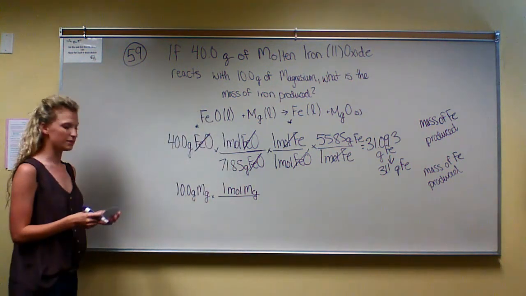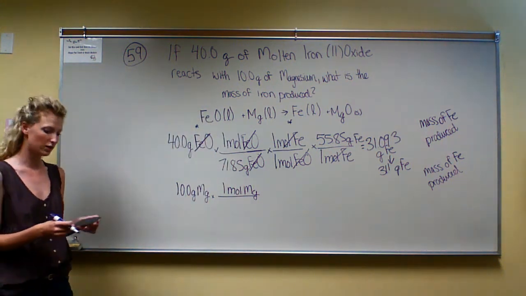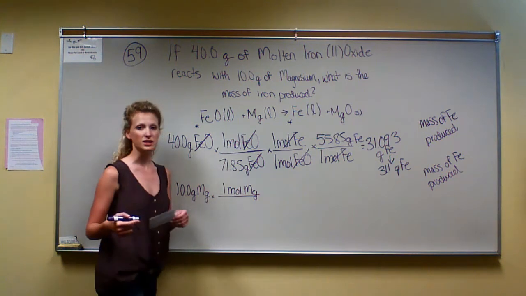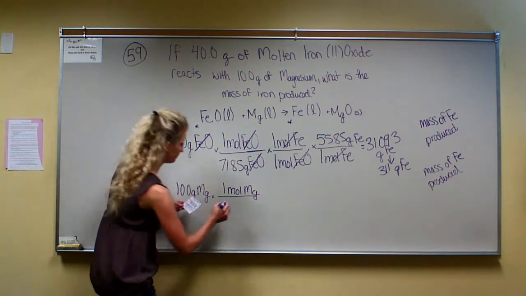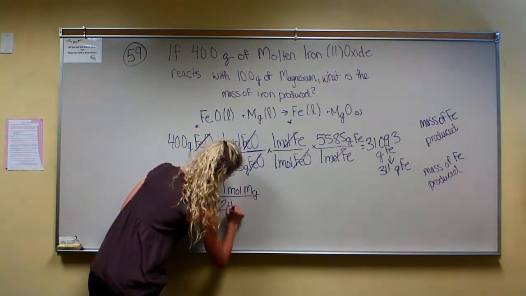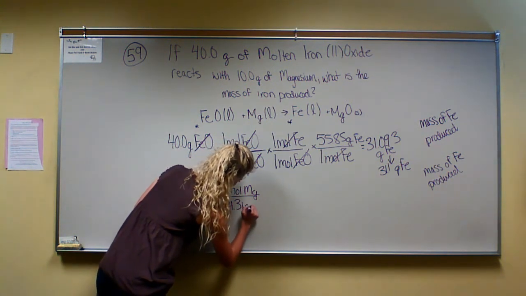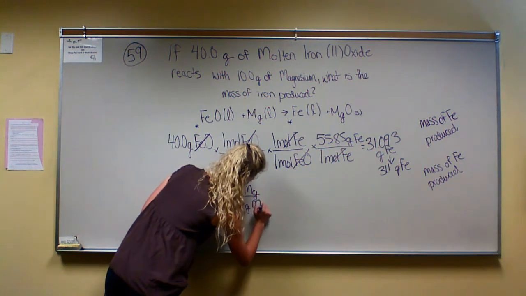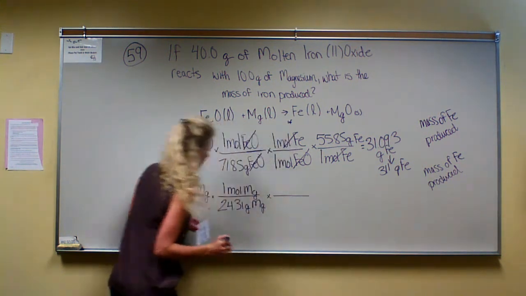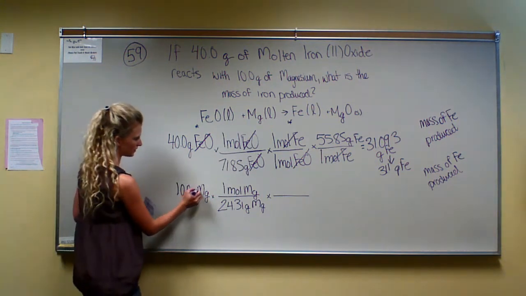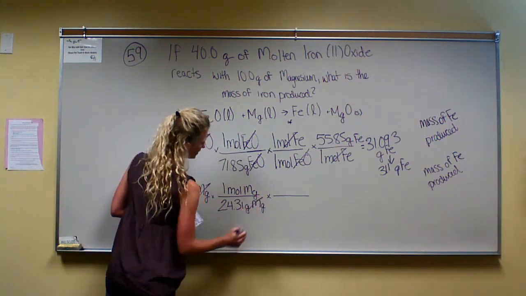One mole of magnesium is equivalent to 24.31 grams of magnesium, which is the molar mass of magnesium and is determined from your periodic table. We're now able to cancel out the grams of magnesium and the grams of magnesium.